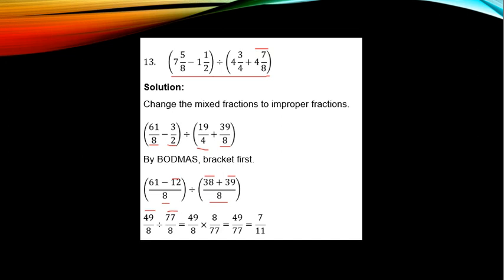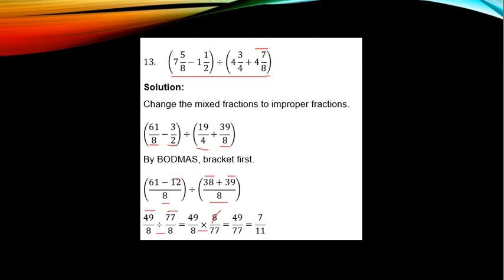Now we can work on division, and we learned in lesson 3 that when dividing, the division sign changes to multiplication, and the fraction at the right, that is 77/8, is inverted to 8/77.